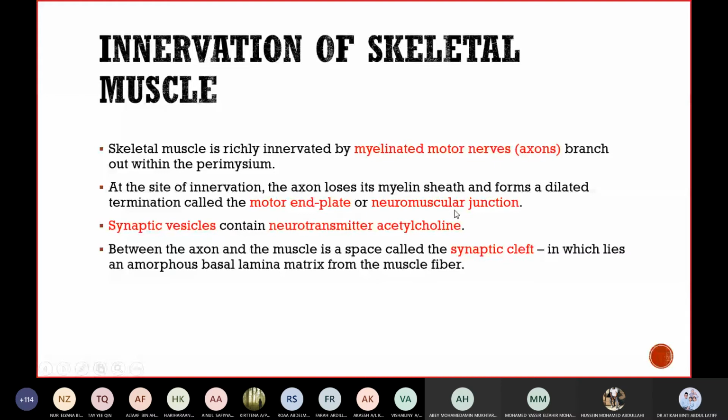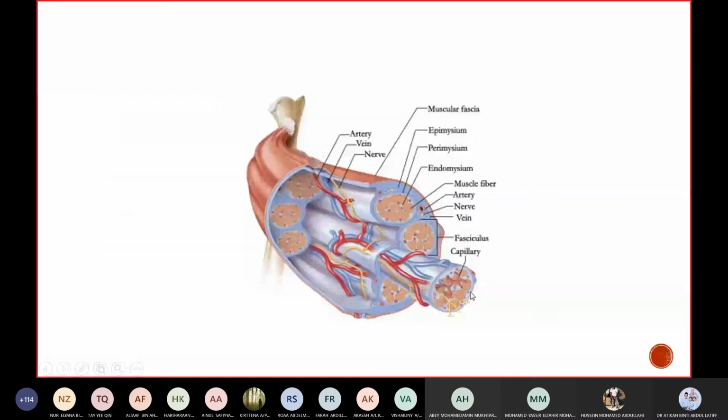The synapse here contains synaptic vesicles with the neurotransmitter acetylcholine. Just to show you, this is the perimysium, remember, so this is where you find your nerves, and these are all your nerves in the perimysium.